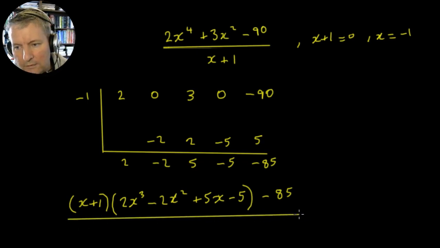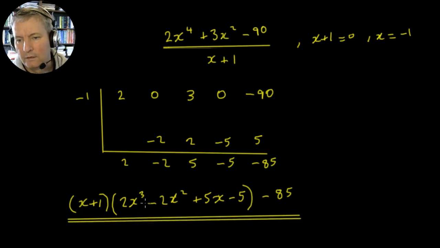So this is our answer here. So this is our divisor, our quotient, and our remainder.